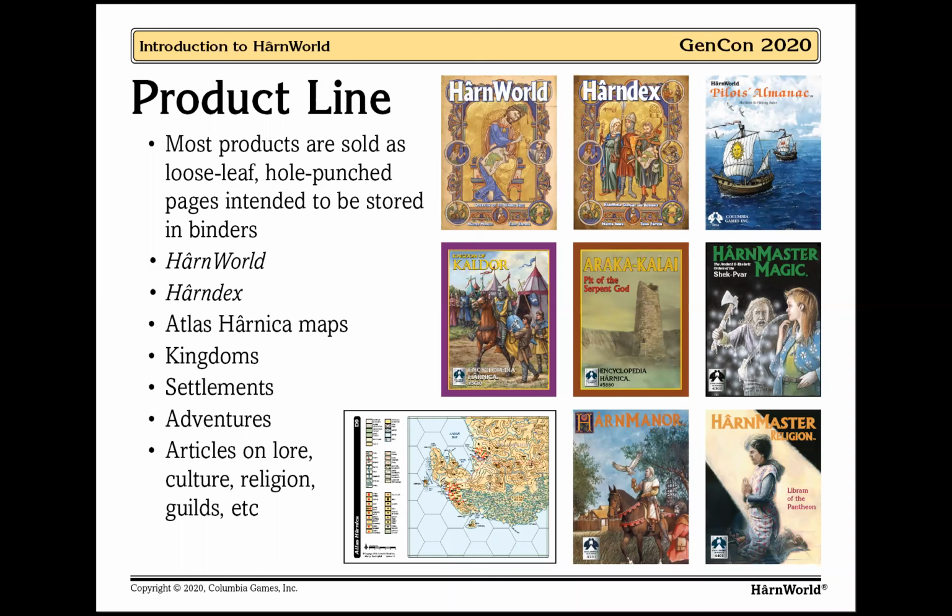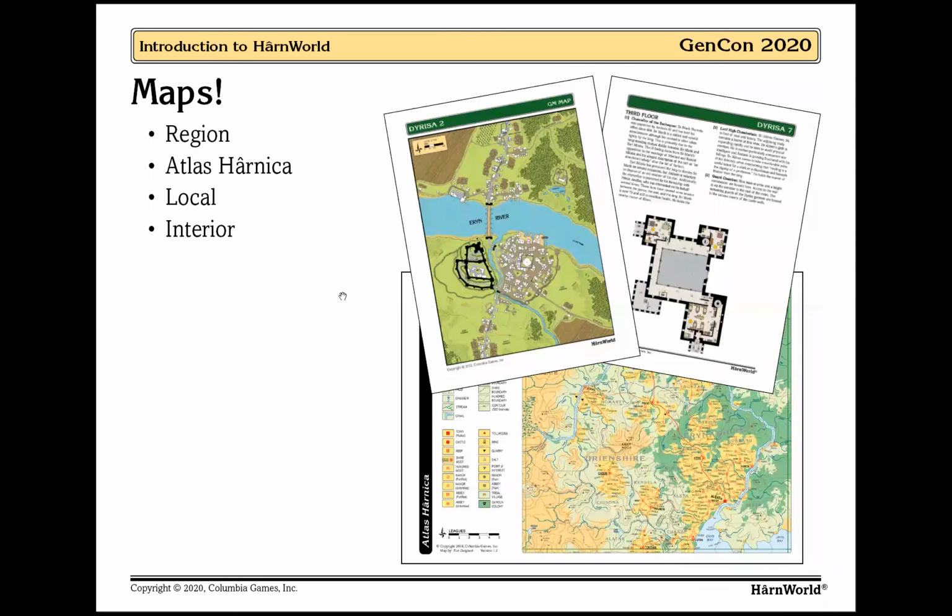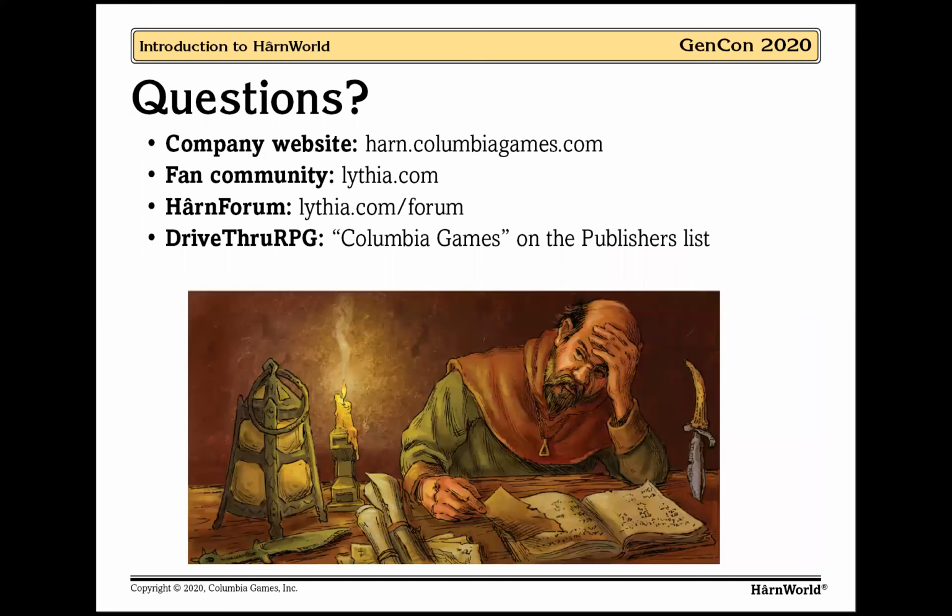Part of the organization of Harn material is a very personal thing. People arrange them in their own ways. But everything that's published today is available in print or as PDF. Through the Columbia Games website, you can order both of those, but PDFs are also available through DriveThruRPG. Just look for Columbia Games on the publisher list, and you'll see them there.